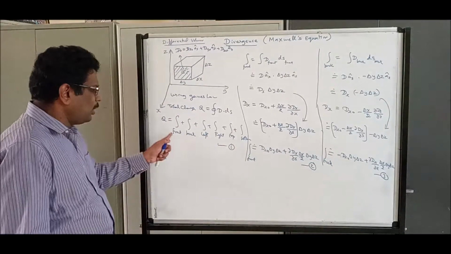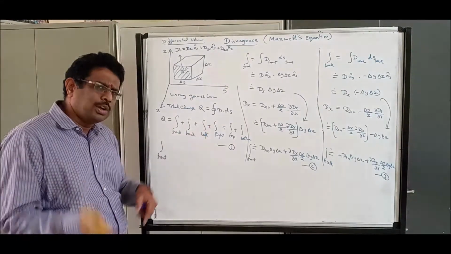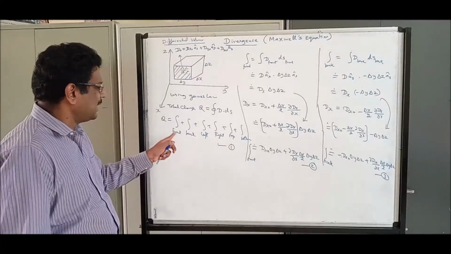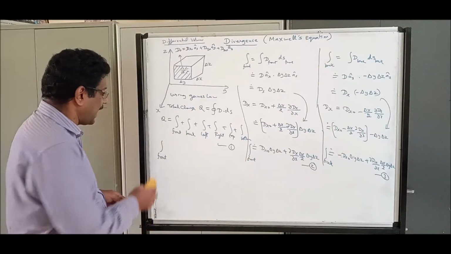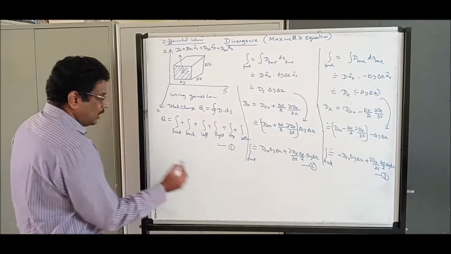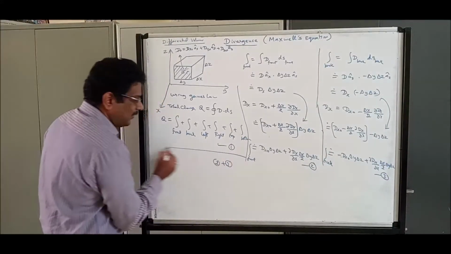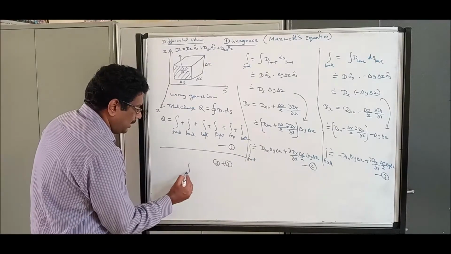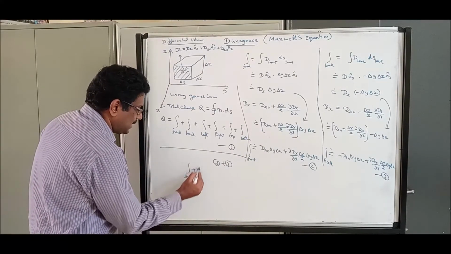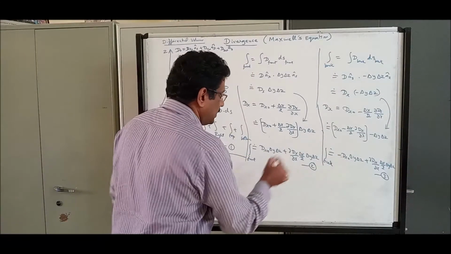Later, I am going to add front and back. So we can add front and back. If I add, what should be the result? Recall, equation 2 plus equation 3. The result will be integration front plus integration back. What will be the result if you add these two?